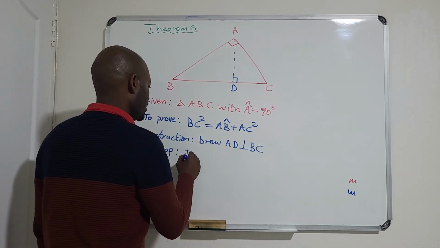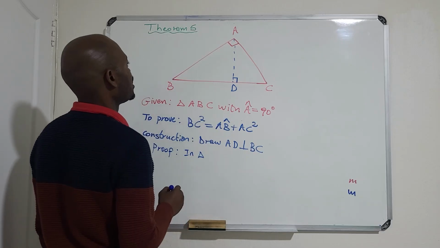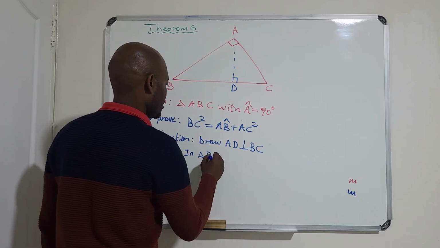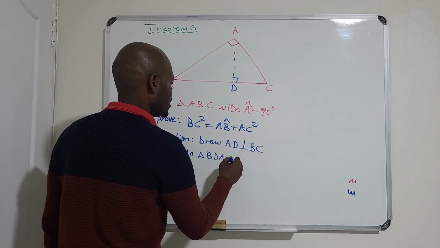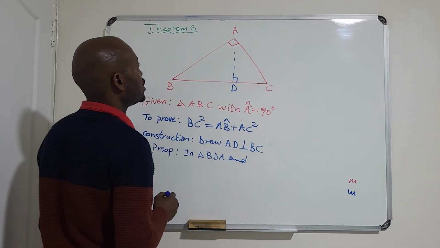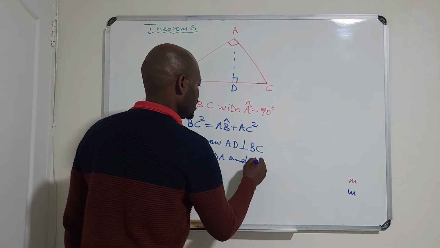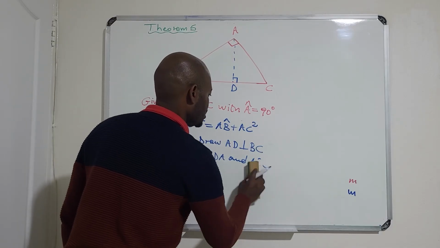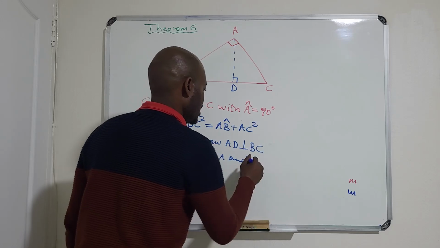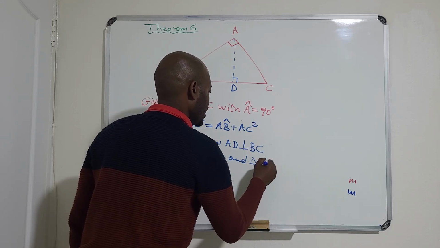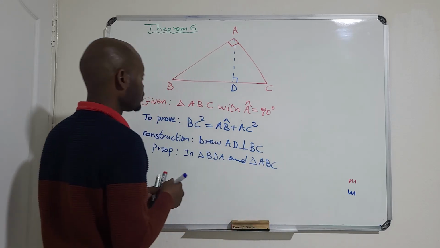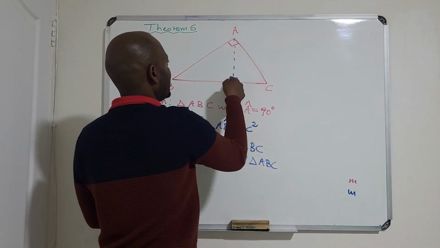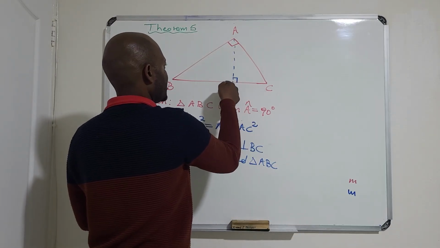In triangle BDA and triangle ABC, we can see that angle BDA, which is this angle, is 90 degrees.